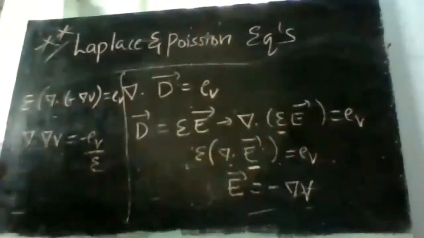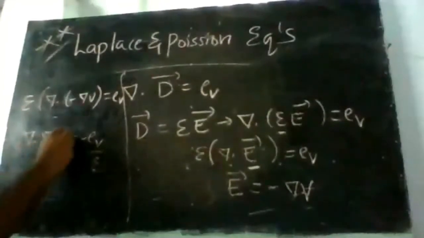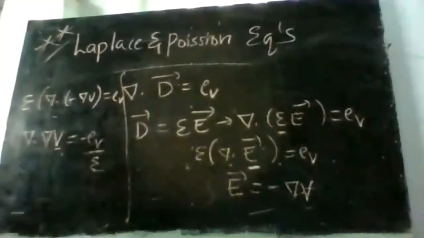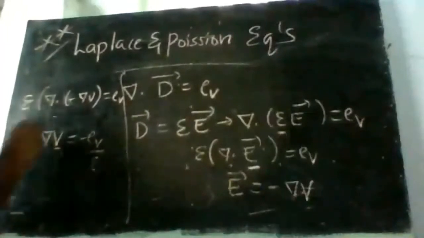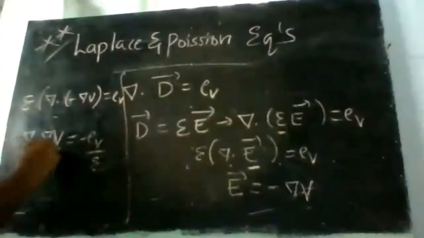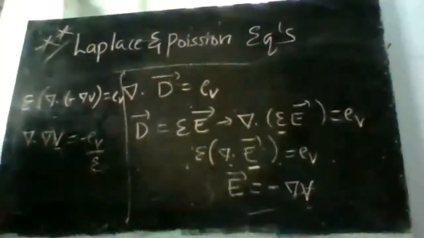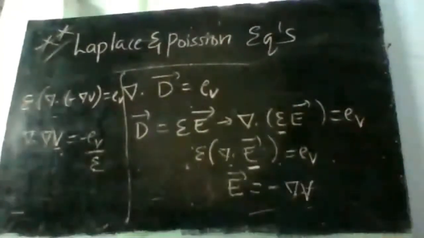Here V is just a scalar potential, and del and del are vectors. So we can write del dot del into V. Del and del, A dot A is equal to A square: magnitudes get multiplied and directions are eliminated. ax dot ax is 1, ay dot ay is 1, az dot az is 1, and the remaining terms are all zeros.